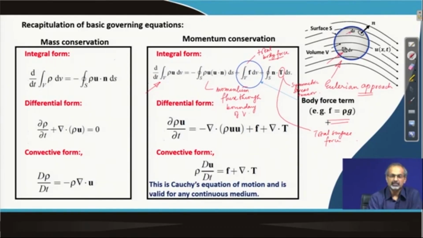So, we have that small elemental surface, and on that element we ask what is the surface force acting. We can show that the stress tensor for Newtonian fluids will be indicated as minus p plus lambda times divergence of u times the unit tensor I plus 2 mu S, where S is the rate of strain or deformation tensor. So, I is the unit tensor.